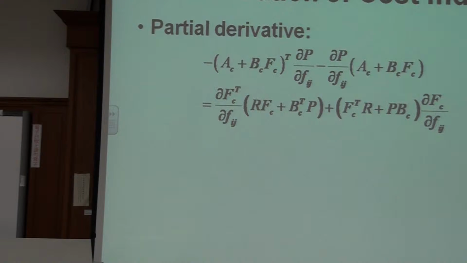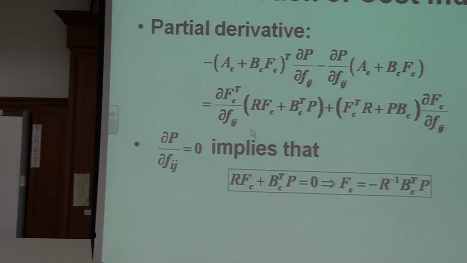So you need to look back at the definition for FC, the equation for FC. If you look at that, then we know that partial P partial Fij equals 0. That implies that this BFC plus BC transpose P equals 0. You know why? Because there's some value there, at least for each element there's a 1 inside.